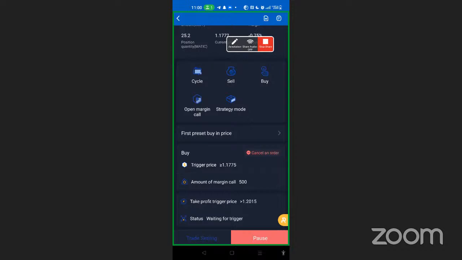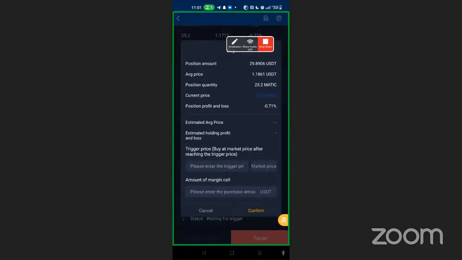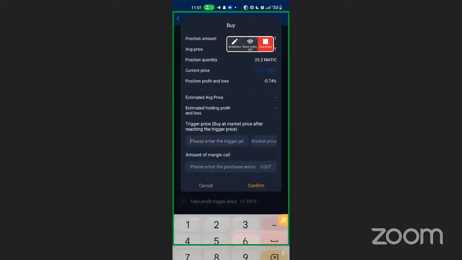We are doing some little technical robot settings. You can learn this. I can tap on buy and put in a lower price when I want my robot to go into the market manually and buy at that price. So I press it in here.